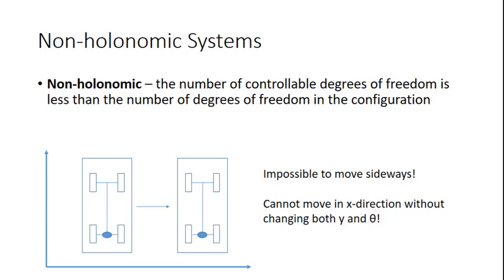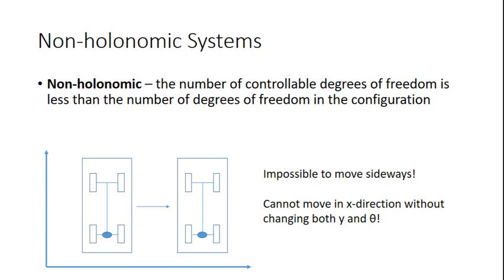In order to move into that kind of position over on the right, the car on the left would have to turn its front wheels and drive up some, and then turn its wheels again, and then drive in reverse. And then depending on how well you did that, you might have to do it some more. But it can't move in the x direction without changing both y and theta. And I say x direction here just because of the way that I set this little figure up.